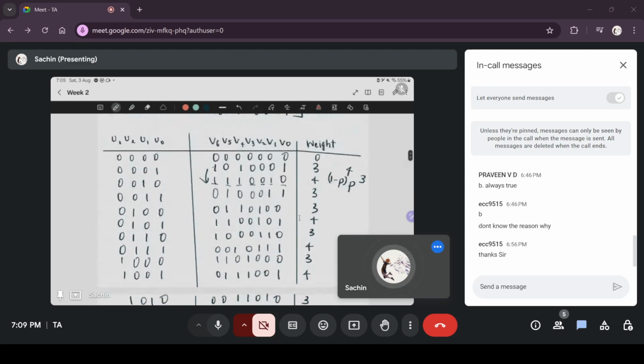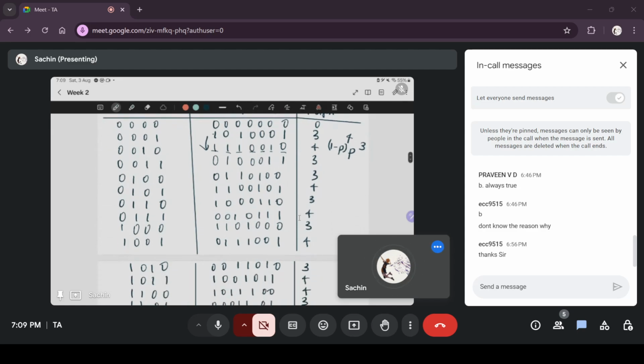If you wanted to start out with the code word 0001 and follow the same procedure, then instead of this weight, you would have to get a distance distribution from that particular code word, the Hamming distance, and then you'll have to find out how many terms of this form are there and add them up.